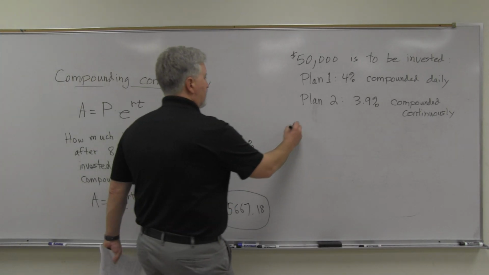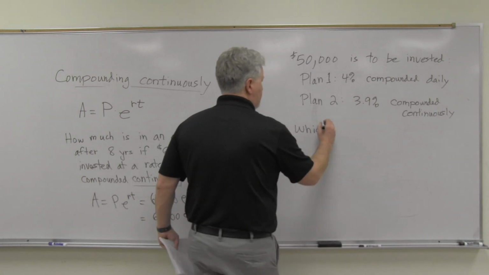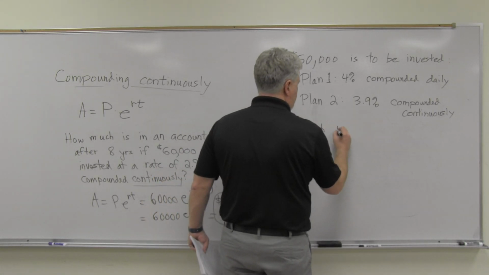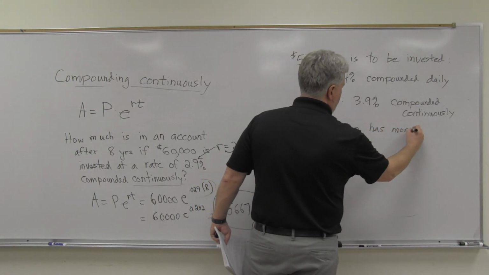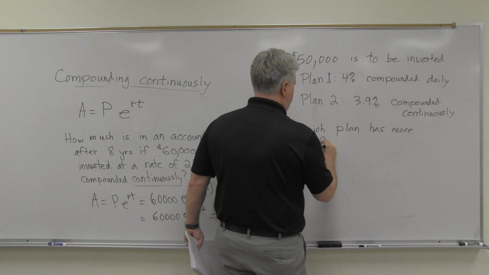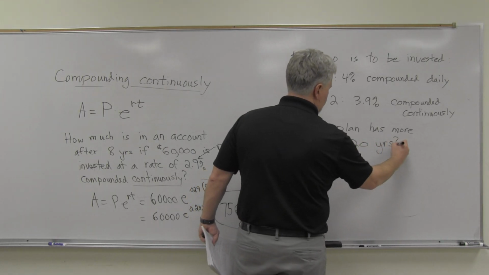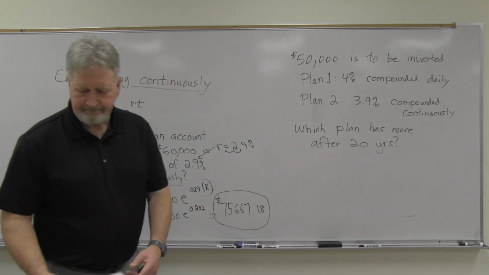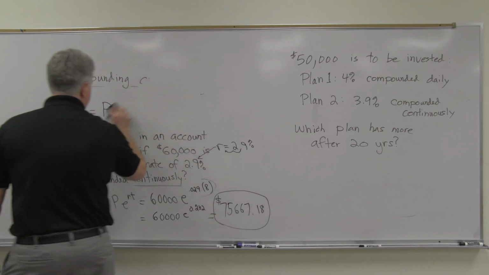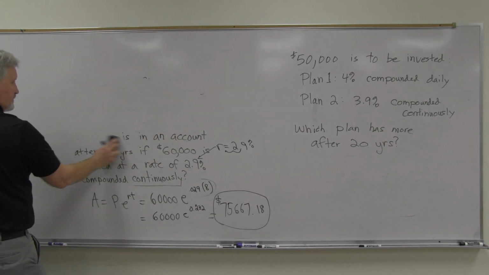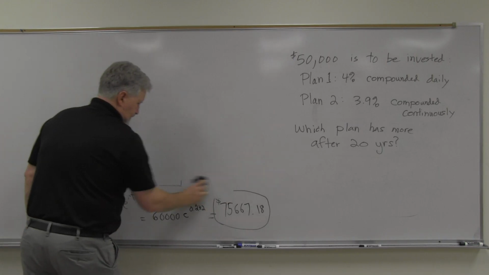Which has more after 20 years? So which one's better? We're just doing a little calculating using our formulas here. So plan 1 is compounded daily, and it's 4%.